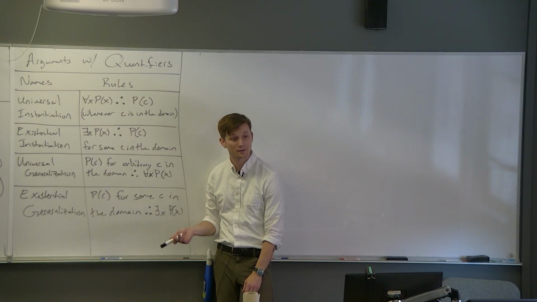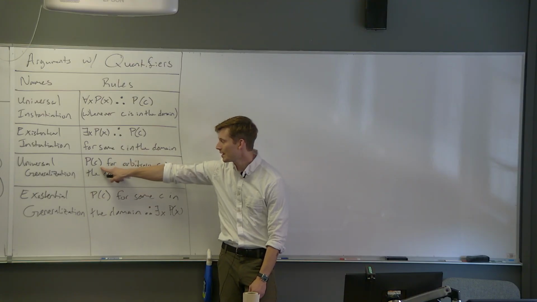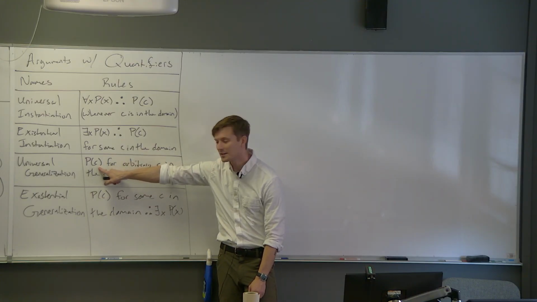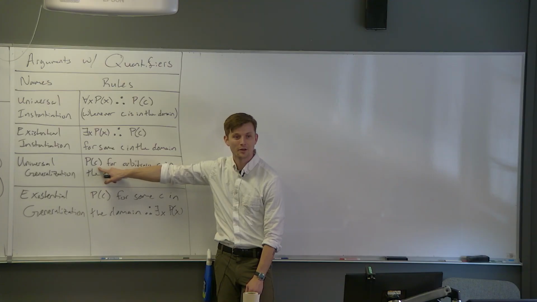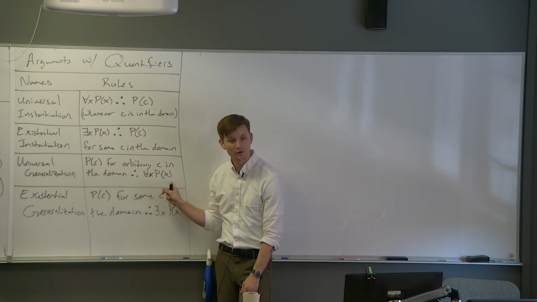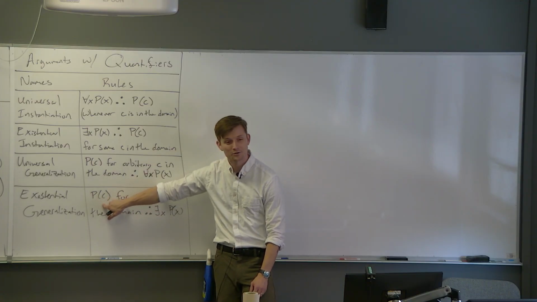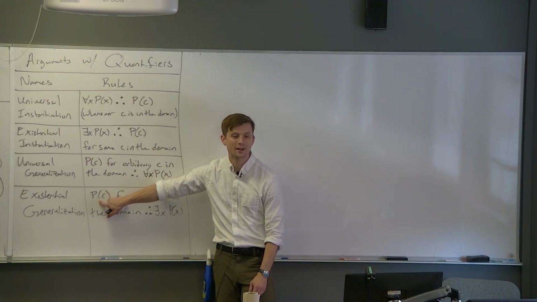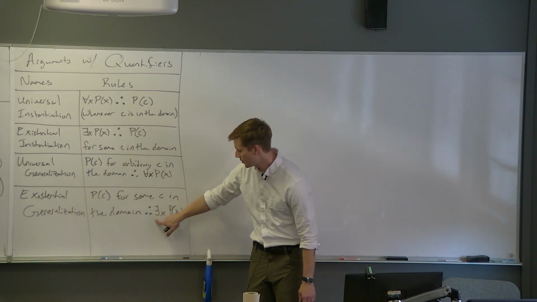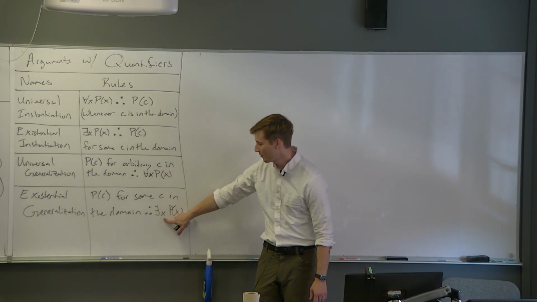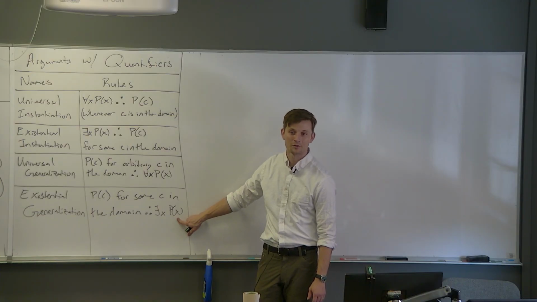Perhaps it's the case, but effectively what we're saying is that if the instantiation is true, irrespective of what thing you've instantiated, then it's universally true. If some instantiation of the predicate is true, then it is true that there exists a value for which the predicate is true.